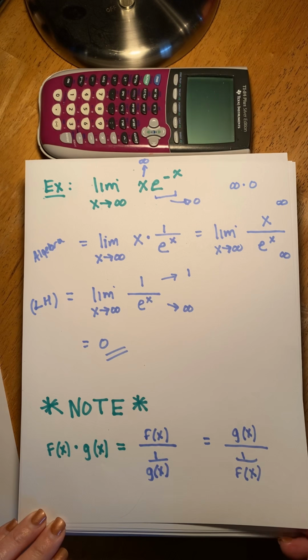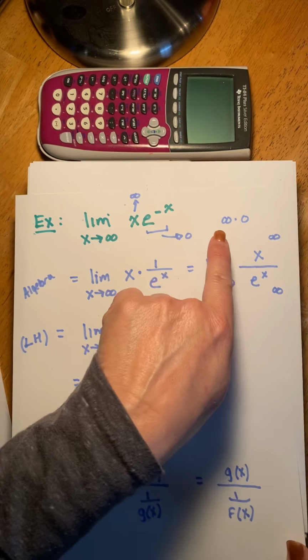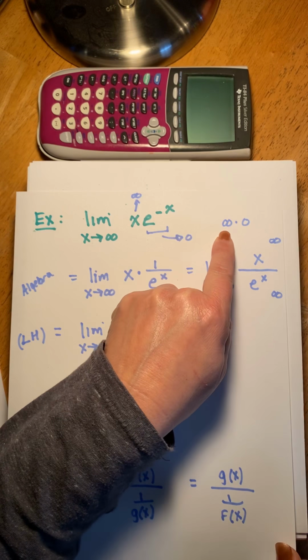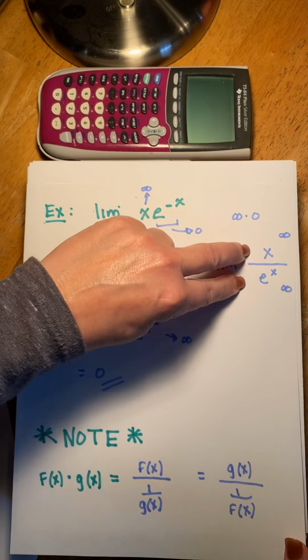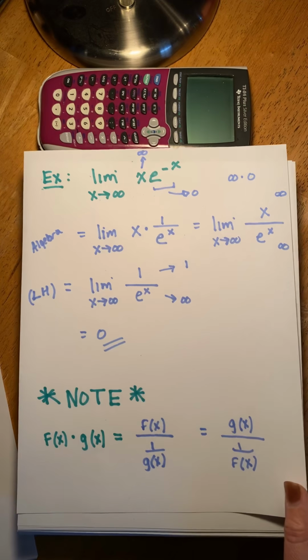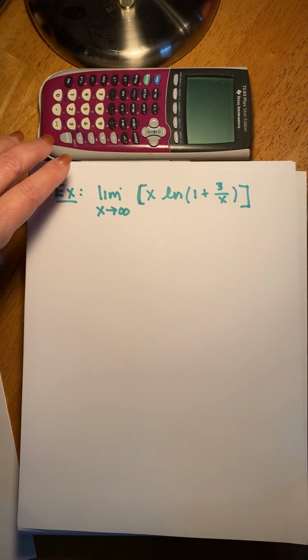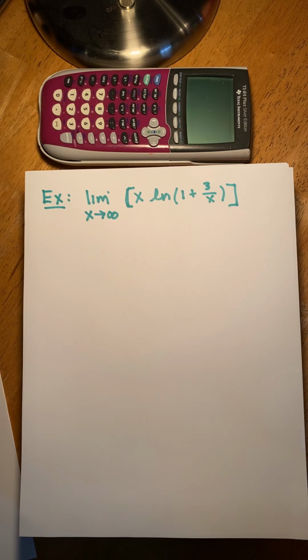All right, so remember, you can only use L'Hopital's rule if you have something of the form 0 over 0 or infinity over infinity. If we have the indeterminate product infinity times 0 or 0 times infinity, we turn it into a quotient, then we can use L'Hopital's rule. The limit as x goes to infinity of x times the natural log of 1 plus 3 over x.